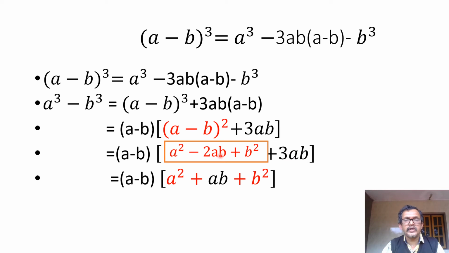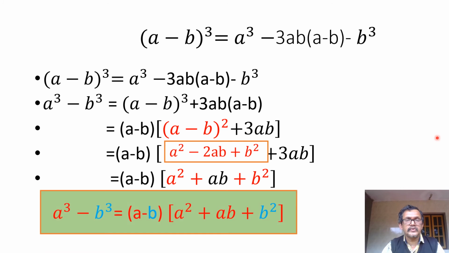Here 3ab minus 2ab gives plus ab. So a minus b into a squared plus ab plus b squared. Therefore a cube minus b cube equals a minus b into a squared plus ab plus b squared, while a cube plus b cube equals a plus b into a squared minus ab plus b squared.